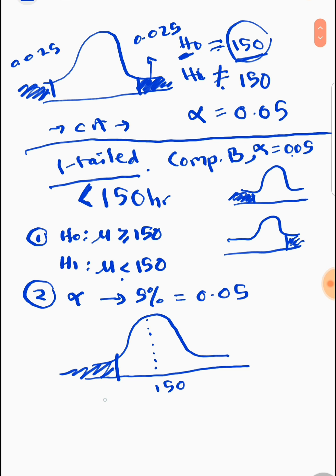If you recall, the one that we got earlier from the previous example, they take a random sample of 40 samples, and they get the sample mean as 147.4. That's from the previous video example. I'm just going to use it again.